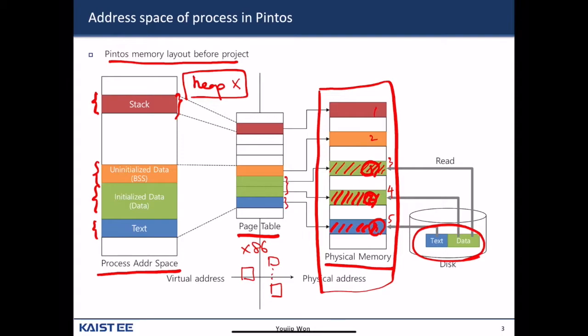Out of these 5 pages, page 1 and page 2 do not have a matching disk location. And pages 3, 4, and 5, these 3 pages have their own matching disk location. So these 2 pages are called anonymous pages. And these 3 pages are called file-backed pages.